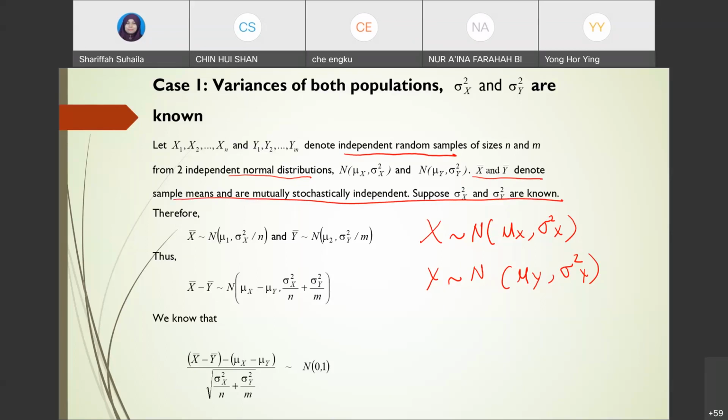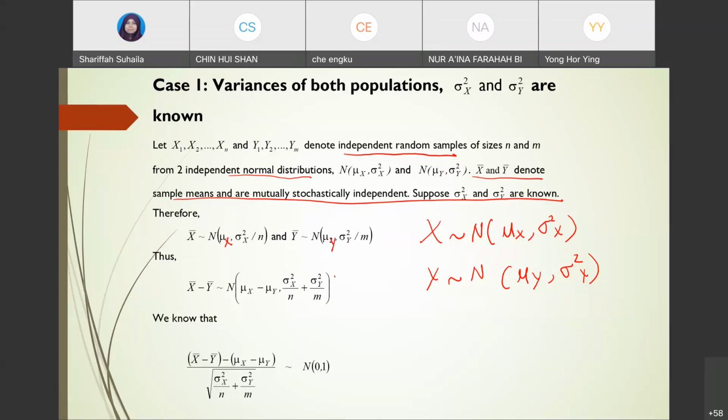And then we can read this one. We have X bar. Here I wrote X and also Y. For X bar, everything must be divided by your sample size, in the variance. Let's see if it matches your notes, is this correct? So X bar is normally distributed with mean mu x and variance sigma square x over n.